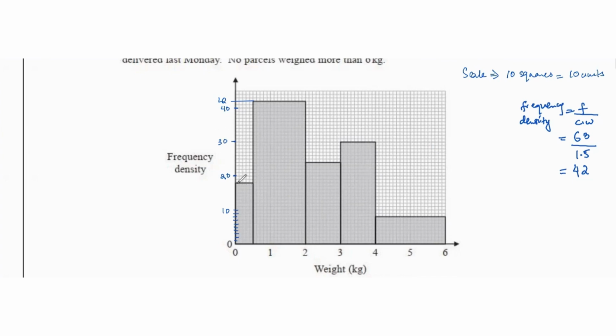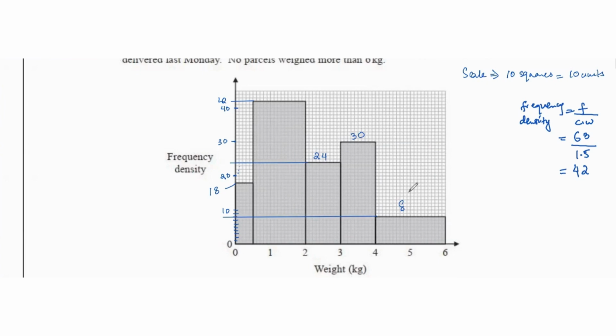Okay. So for this, it's 18. For this one, it's 1, 2, 3, 24. This is 30. And this one is 8. These are our separate frequency densities for each interval.